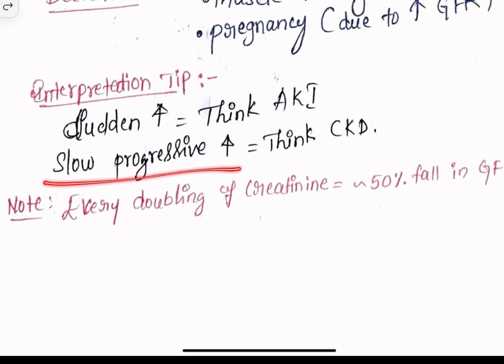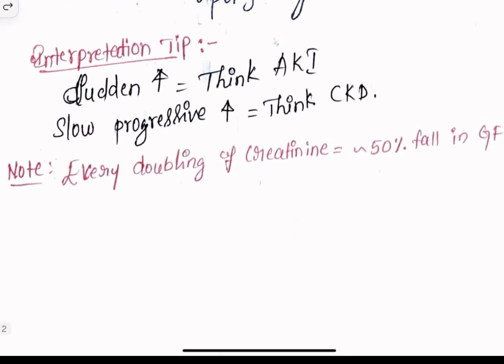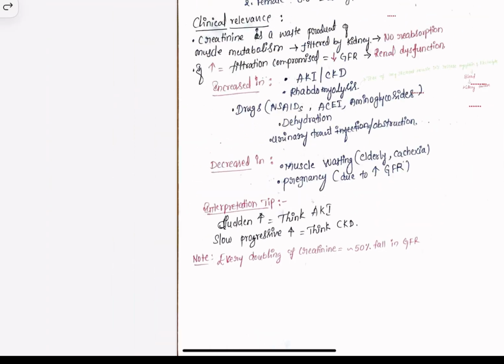A slow progressive increase, seen on repeatedly taking RFT reports, should make you think about CKD, chronic kidney disease. Remember one very important point: every doubling of creatinine level means a 50% fall in the GFR.